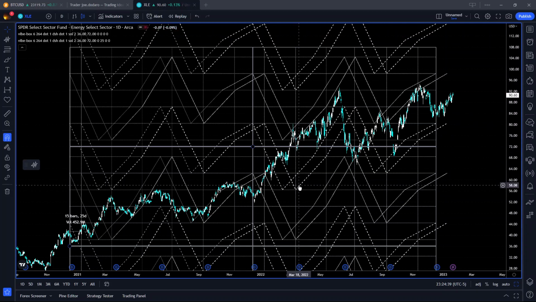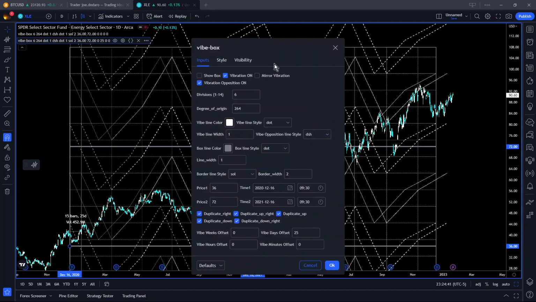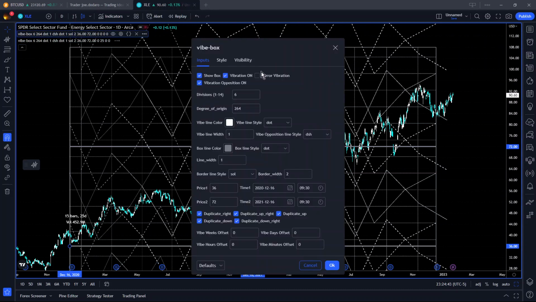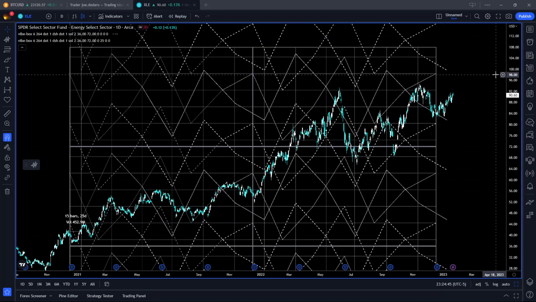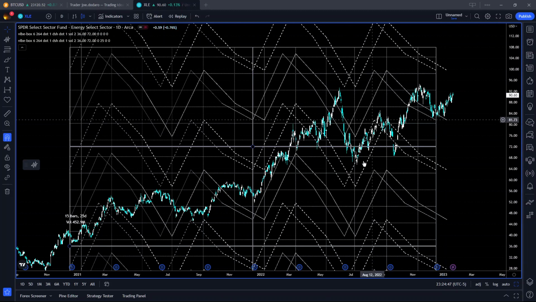And anywhere we see the flip occur, we know that it just happened in the opposite direction. So it could be that it's just that we had a little bit of a mirroring going on. You can see that the high coming in there, very much defined by that. This downtrend kind of being defined by this swooping down here of the vibration, and this uptrend very much defined in here instead by this opposite. So really powerful information always, right?